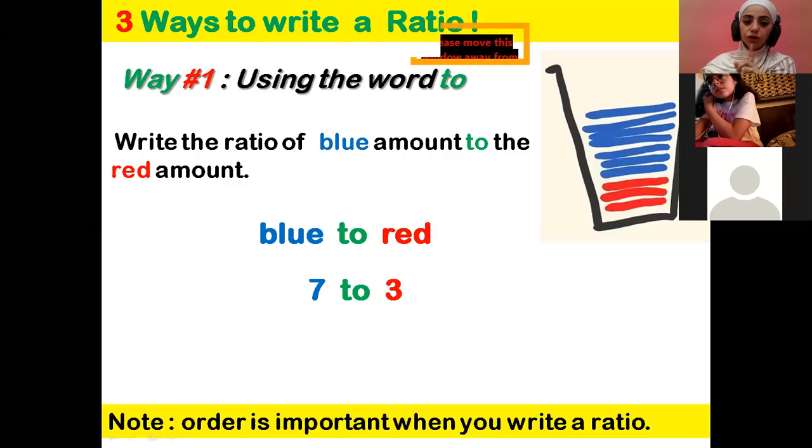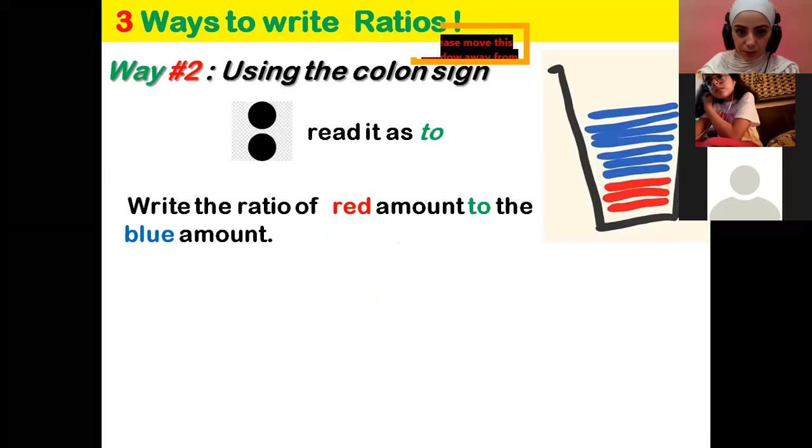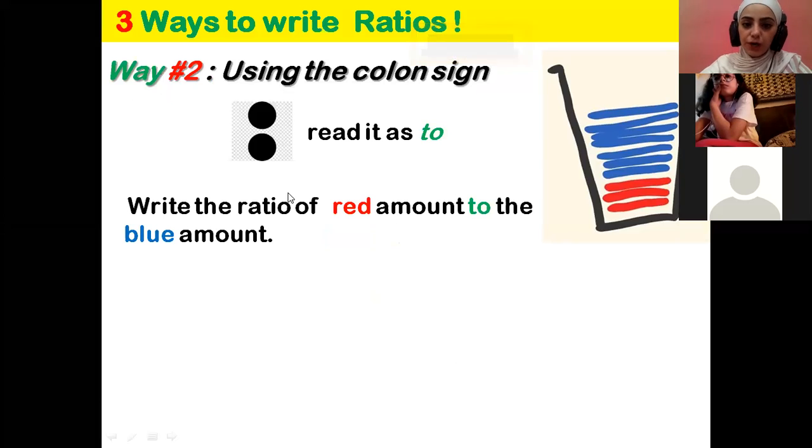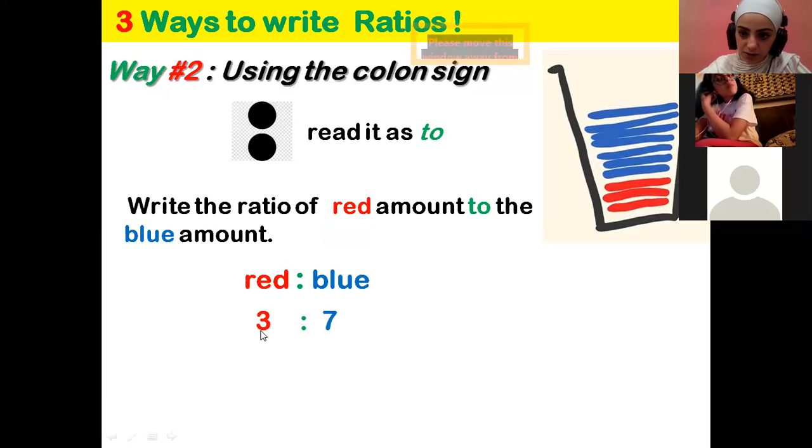And again, the ordering is very important when you write the ratio. The other way of writing the ratio is to use columns, the 2 dots. The columns are used instead of the "to". So here, if you want to write the ratio of red to blue, we can write it like this in columns.